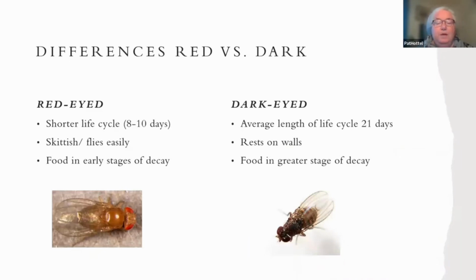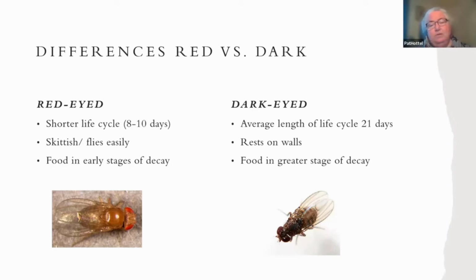A little bit on the biology and behavior differences between our red-eyed fruit flies and our dark-eyed fruit flies. So a little shorter life cycle on the red eye. We're talking in the 8 to 10 day range. I describe their behavior, and again, this can be helpful in identification, as a little bit more skittish. If I've got some peaches on my counter that might have some red-eyed fruit flies and I approach that area, they tend to fly off.